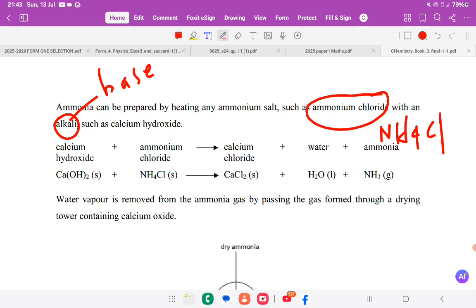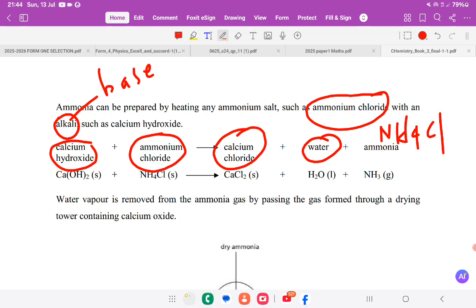A good example of an alkali is calcium hydroxide. So calcium hydroxide, as an example, is reacted with the ammonium chloride. When calcium hydroxide reacts with ammonium chloride, the product will be calcium chloride, which is a salt, water, and then ammonia.